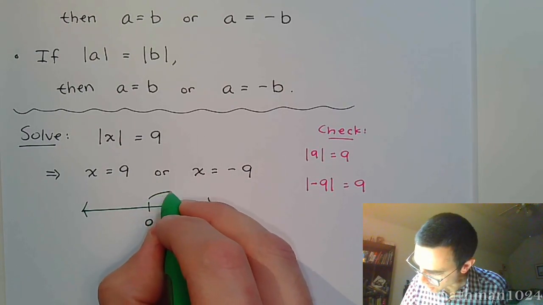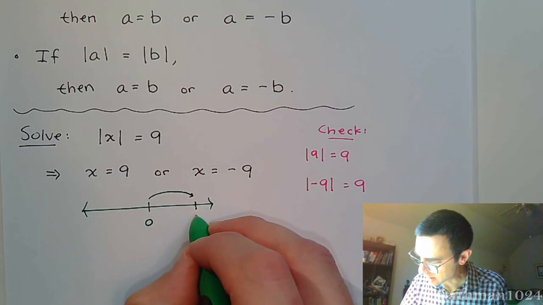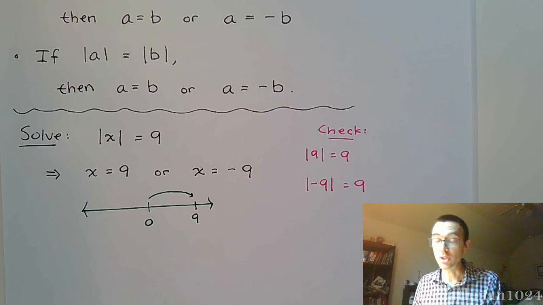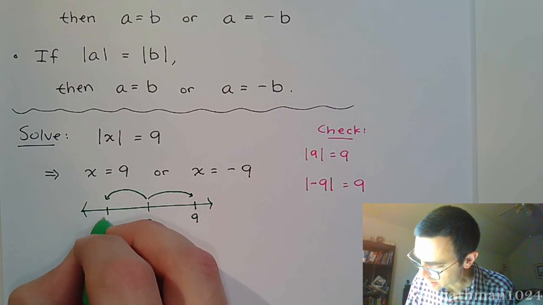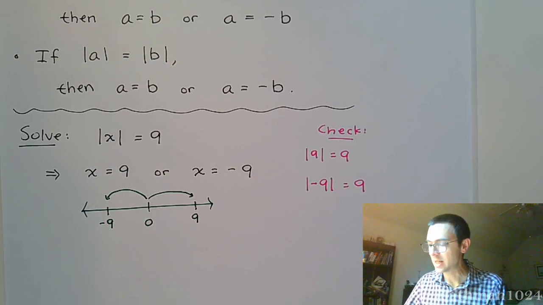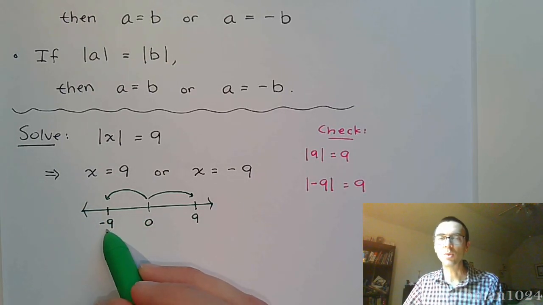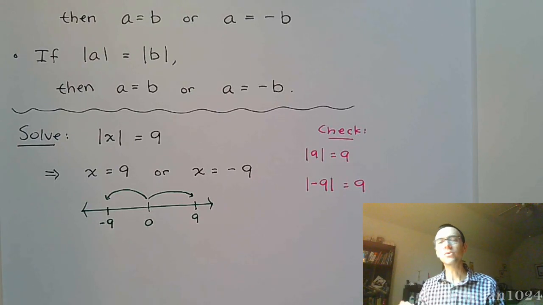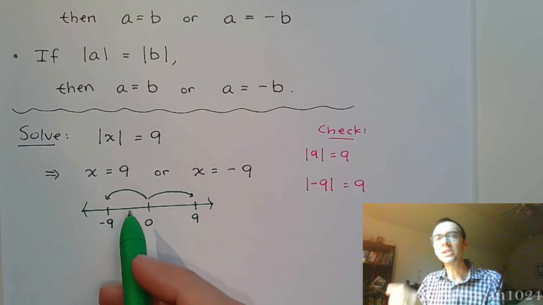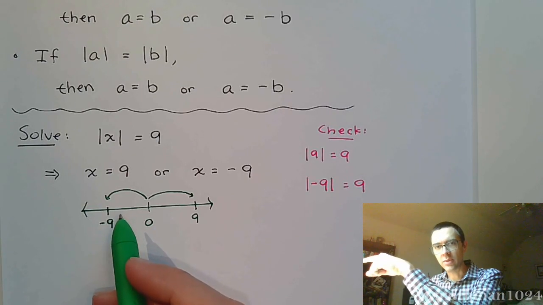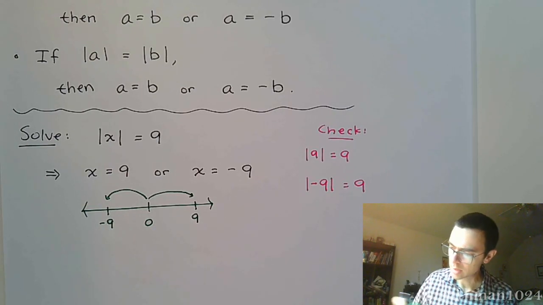Well, if I go over here 9 units, 9 is naturally 9 units away from 0. If I go to the left 9 units, I'm at negative 9, and this is also 9 units away from 0. So both of those are solutions. I don't care that this is a negative. I care that it's 9 units away on that side.